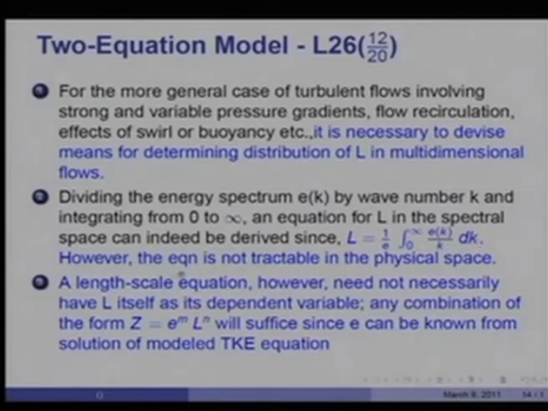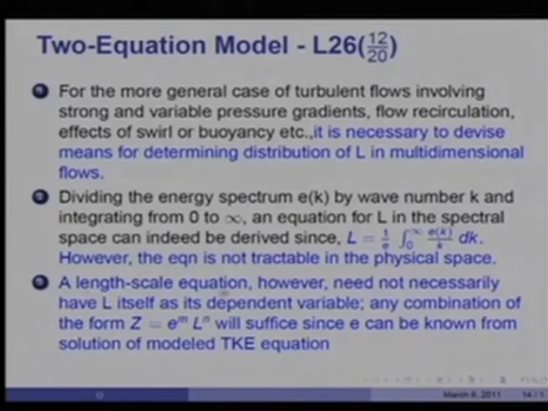Unfortunately, this equation is not tractable in physical space, and therefore, we need to find some alternative means of determining the length scale. So, a direct equation for a length scale is not possible, which is the need in multidimensional flows with all the effects that I mentioned here.